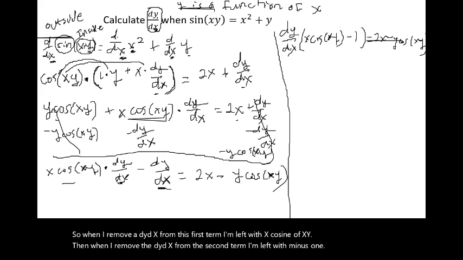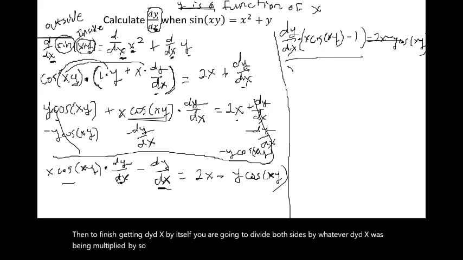Then, to finish getting dy/dx by itself, you divide both sides by whatever dy/dx was being multiplied by. To undo that multiplication, I'm going to divide both sides by x cosine of xy minus 1.